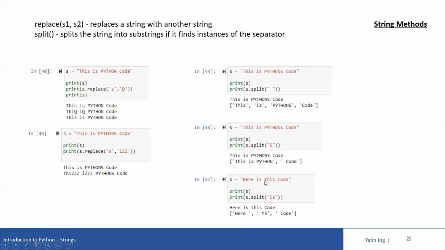After "is" we have a white space and "th", because another "is" is present here, so white space and "th" should be my second string. And after this "is" we have a white space and code, which should be my third substring. So this split is splitting my original string into three substrings using "is" as a separator. This is how you can use replace and split in Python.